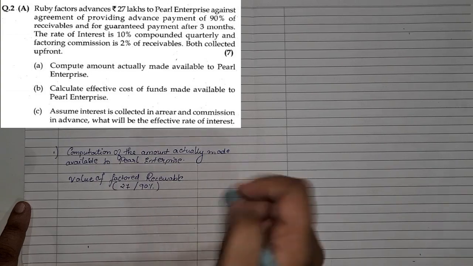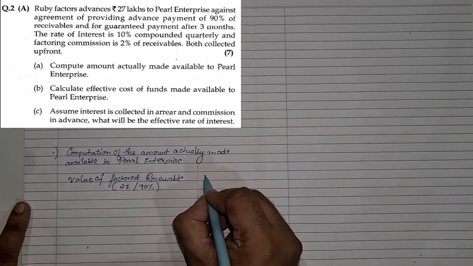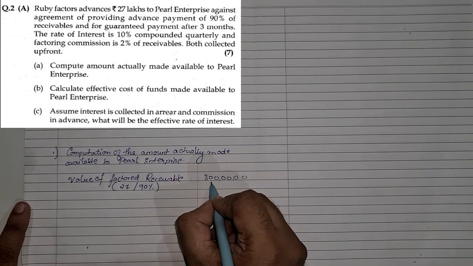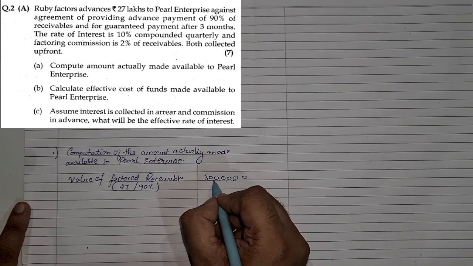Cross multiply: if 90 is 27, then 100 is how much? We get that value as 30 lakhs.